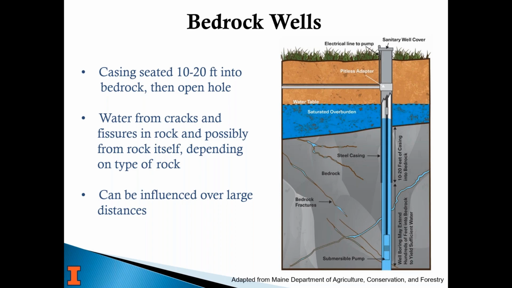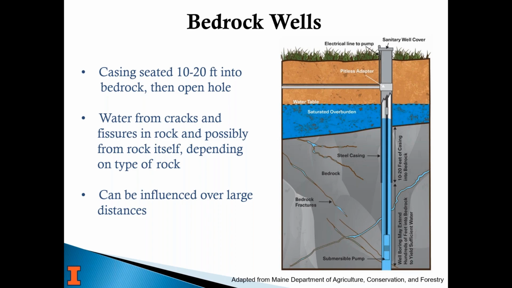As an extreme example, let's say there was only one fracture, and that's where all the water came from. If you follow that fracture back off the screen somewhere, it may go close to the surface. And if it does, that means water from near the surface can get into that fracture, which means it can get into your well. So they can be influenced over a much larger area because with fracture flow, there's a lot less volume in a given fracture, and so it's pulling from farther away.